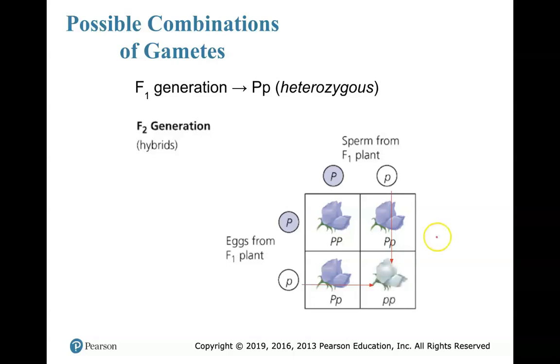So that offspring is going to be homozygous for those two lowercase p alleles. I call this homozygous recessive because it has those two lowercase p alleles. And this offspring will show as white because there's no dominant allele to mask that white recessive allele. So now you finally see that white trait being shown.